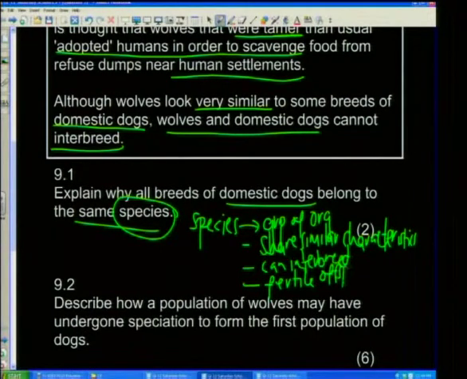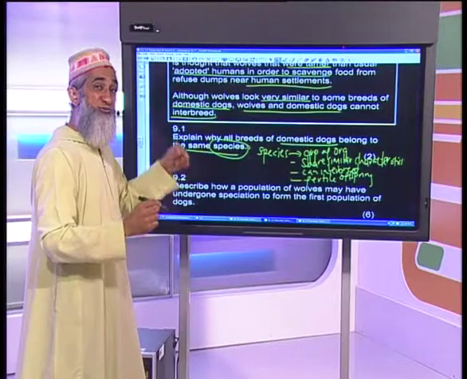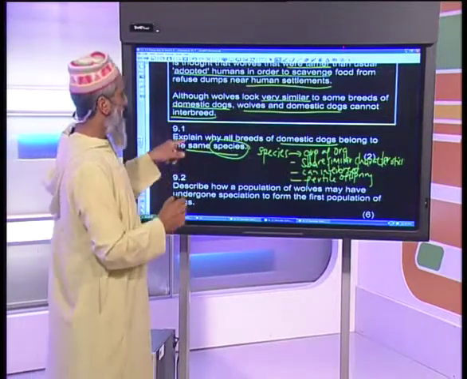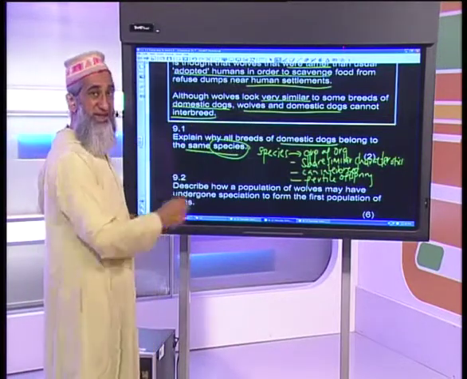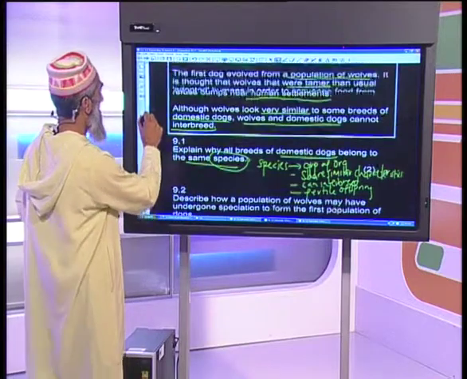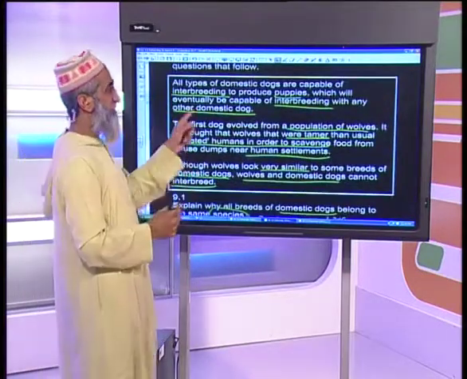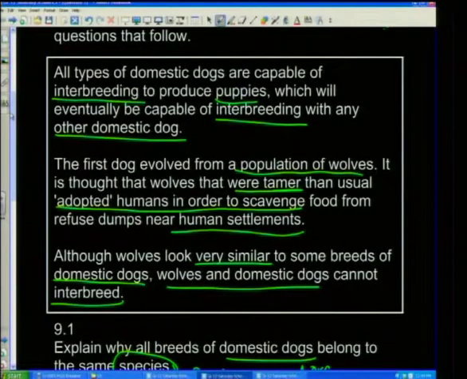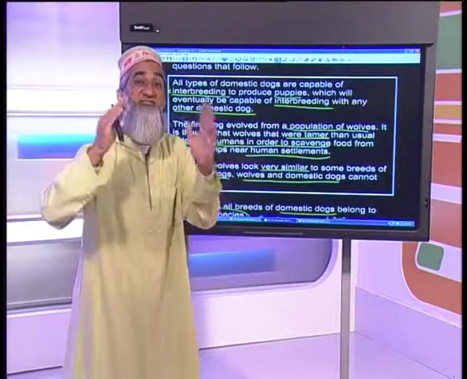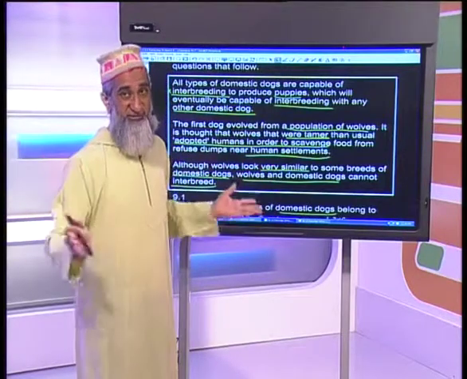Now, can you see, first of all, why I'm writing all this down? And secondly, why I was underlining those important words. The answer is in those important words and the definition. Let's go back. What did they tell us about all domestic dogs? They say they are capable of interbreeding. Obviously, all domestic dogs would share similar characteristics. That's the first given.